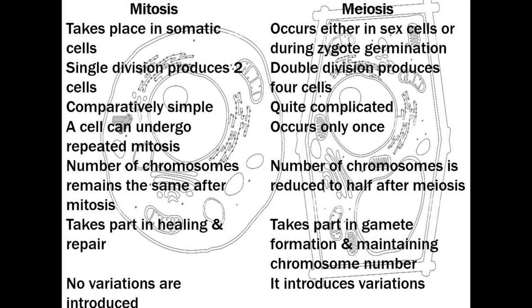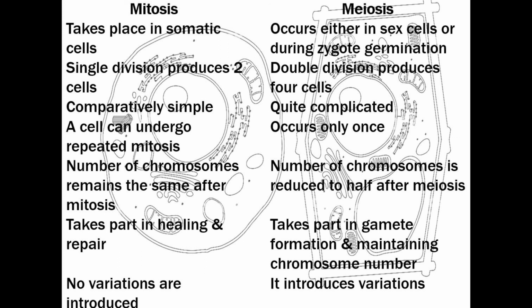Mitosis is comparatively simple. Of course, meiosis is complicated. In mitosis, a cell can undergo repeated mitosis, but meiosis occurs only once. In mitosis, the number of chromosomes remains the same after the division, because it replicates. In meiosis, the number of chromosomes is reduced to half. Mitosis takes part in healing and repair.